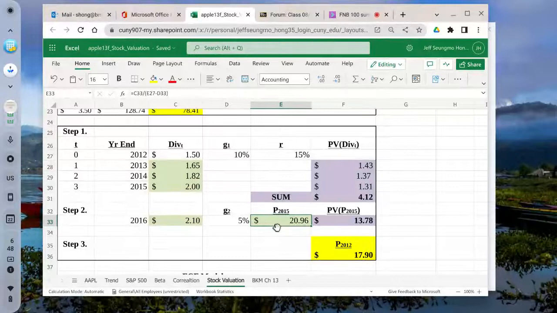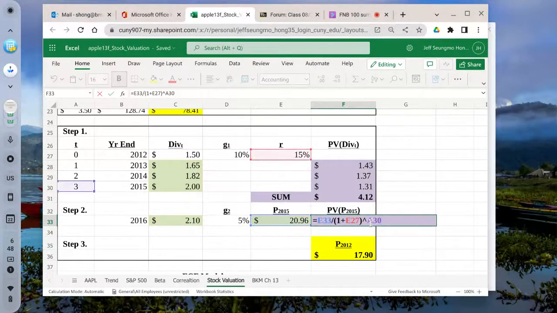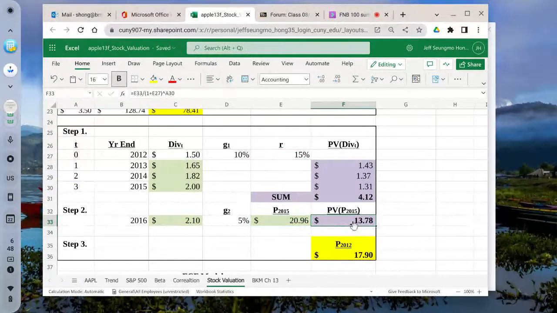Then, because our time zero is 2012, we need to bring it back to 2012. So I'll need to discount it by 3 years, so that way we find the present value.